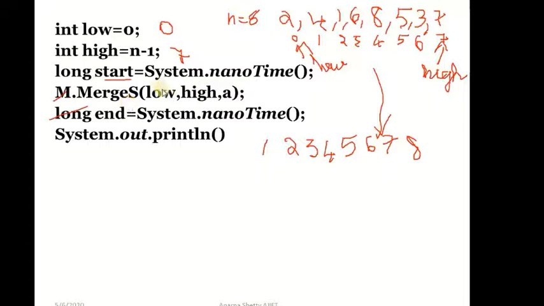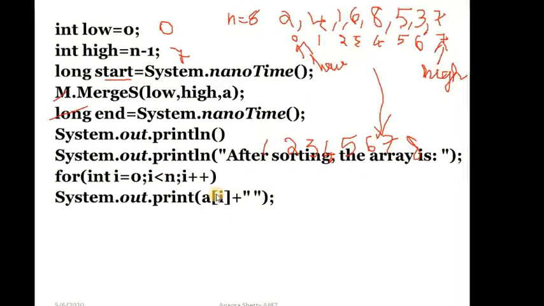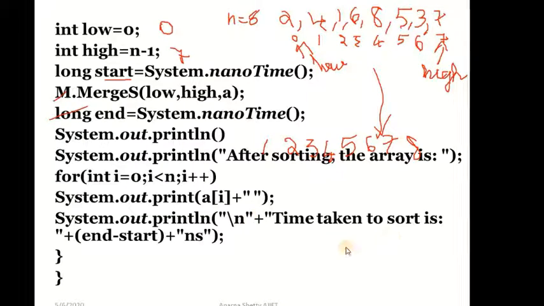Here in the merges method, I will pass parameters low, high and A, the array, as well as calculating the start and the end time of sorting. I will do the sorting by using this merges. After that I will display the sorted elements, and finally I will display the time taken to sort these elements. So this was about the main method.